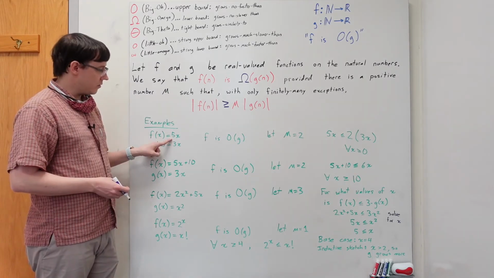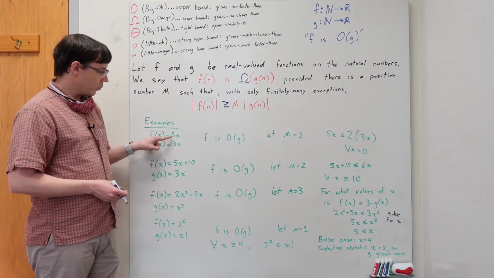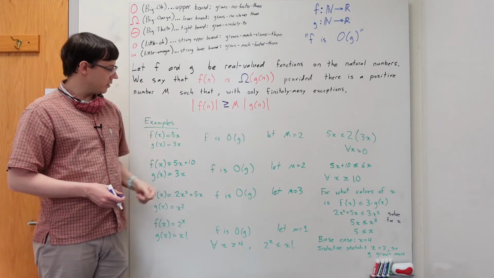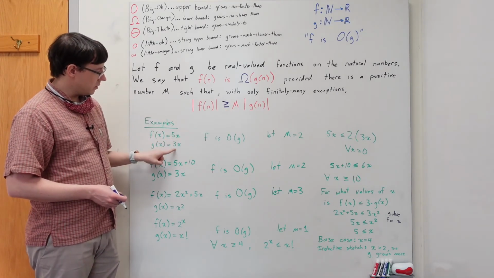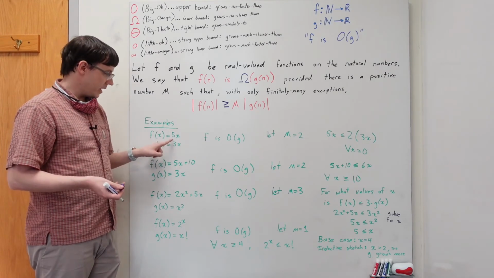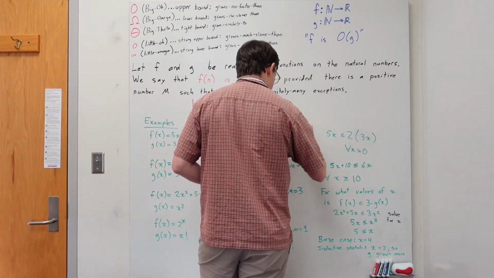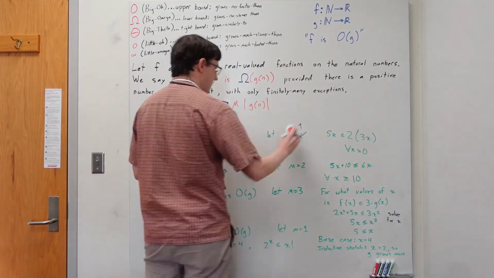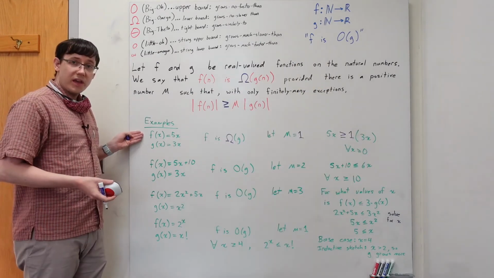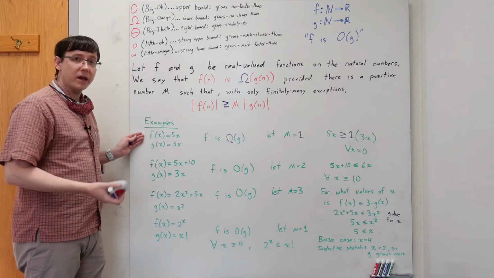When f is 5x and g is 3x, we want to show that f is always at least as large as some multiple of g. So let's make that multiple of g just be 1, and then 5x should be larger than 3x. And so in this case, f is both big O of g and big omega of g.